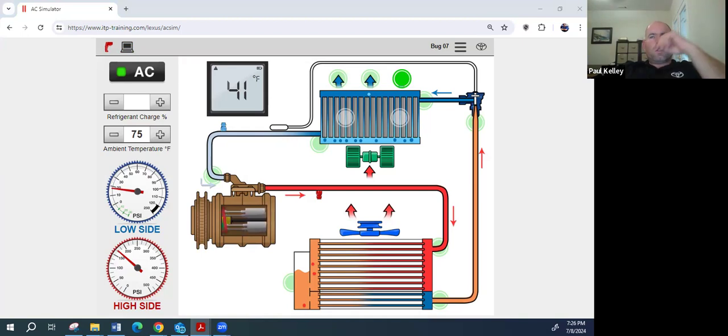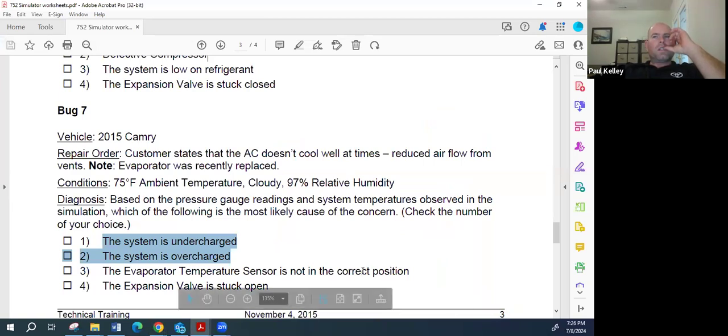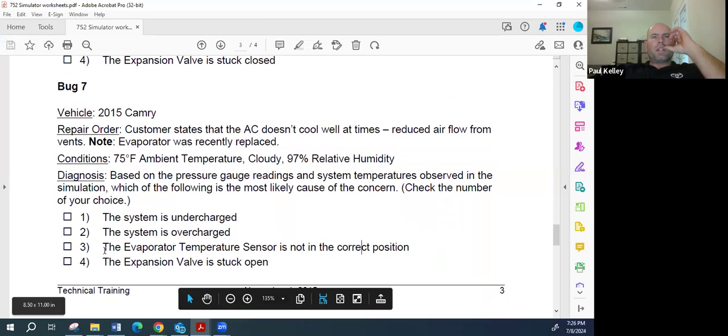So if it's a reduced airflow and it's after work was done, but the work specifically was that the evaporator was replaced, it's kind of interesting. Anybody think of any tests we could do to eliminate something? Especially one of these two, right? Because we're kind of left with 3 and 4. If the TXV is stuck open, what would you expect?